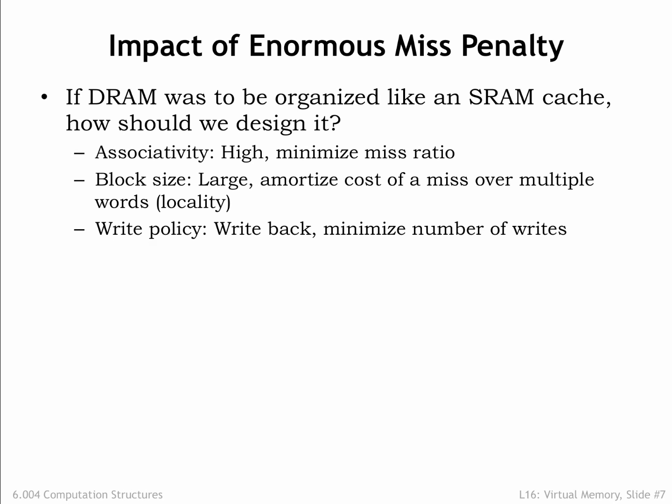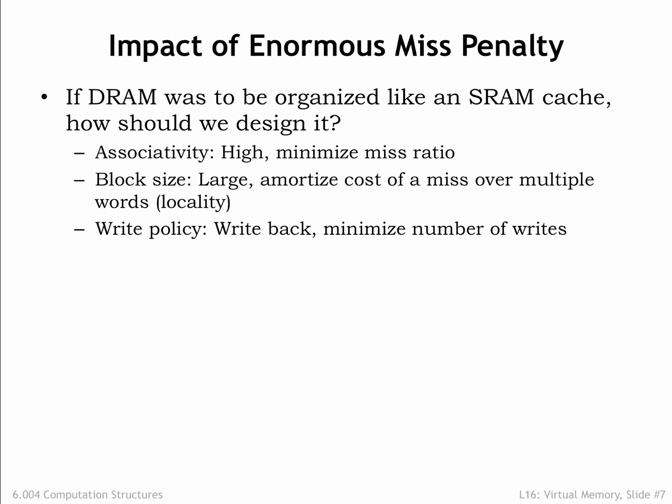We will need high associativity, i.e. we need a great deal of flexibility on how data from disk can be located in main memory. In other words, if our working set of memory accesses fit in main memory, our virtual memory system should be able to make that possible, avoiding unnecessary collisions between accesses to one block of data and another. We'll want to use a large block size to take advantage of the low incremental cost of reading successive words from disk.